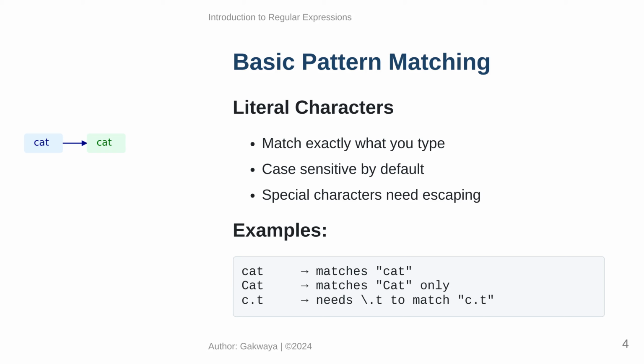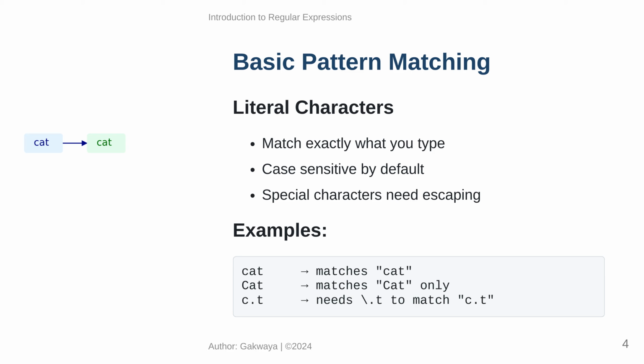Let's start with the simplest form of regex patterns, literal characters. When you write a regular expression using normal letters, numbers, or symbols, they match exactly those characters in the text. For instance, if you write the pattern cat, it will match the word cat and only cat.